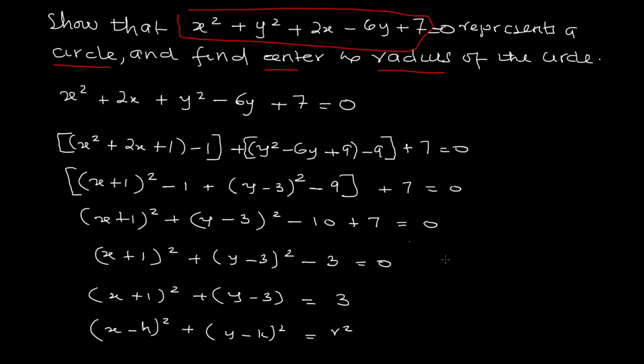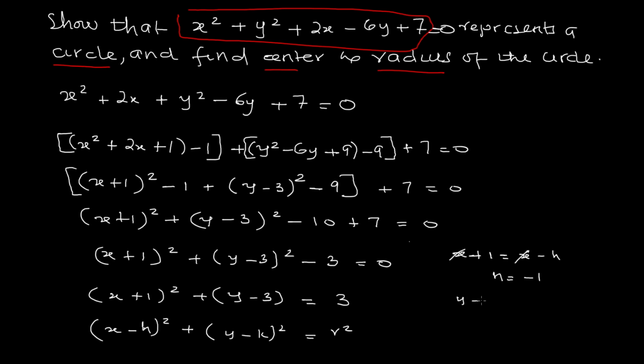So we can say, you can even say x minus h is equal to, like this. So to avoid mistakes, I can say x plus 1 is equal to x minus h, like that. So these cancel out, and then I'll get my h is equal to minus 1, right? Then I do the same.